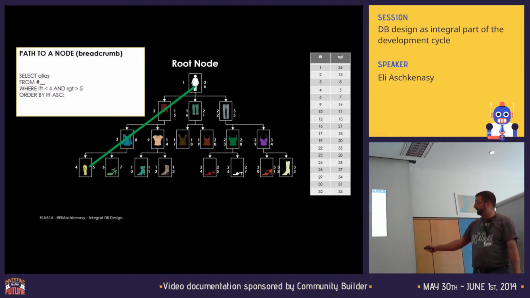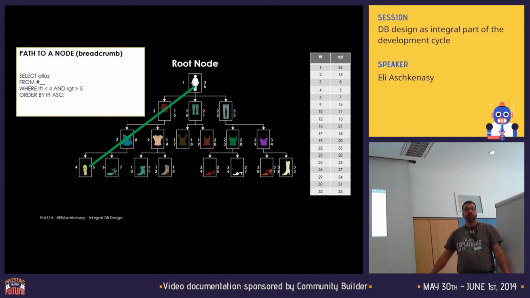This is still staying in, because its left value is less than 24. And then I'm saying, anything on the right side has to be greater than 25, which means all this stuff is out. And all of a sudden, the only thing that you're left with, and it doesn't matter how big this tree is, is exactly that breadcrumb path.